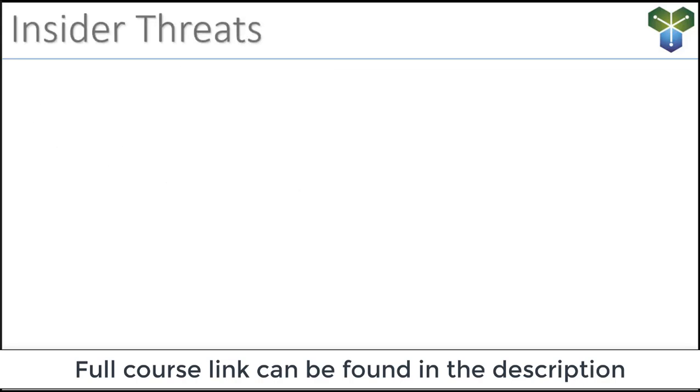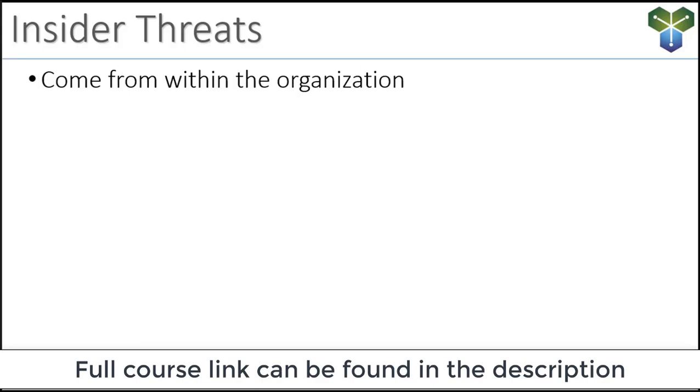And then finally, the last type of threat that I want to talk about is an insider threat. And these can be the most damaging. These come from individuals within an organization, people like employees or contractors or business partners who have a higher level of access to our systems.